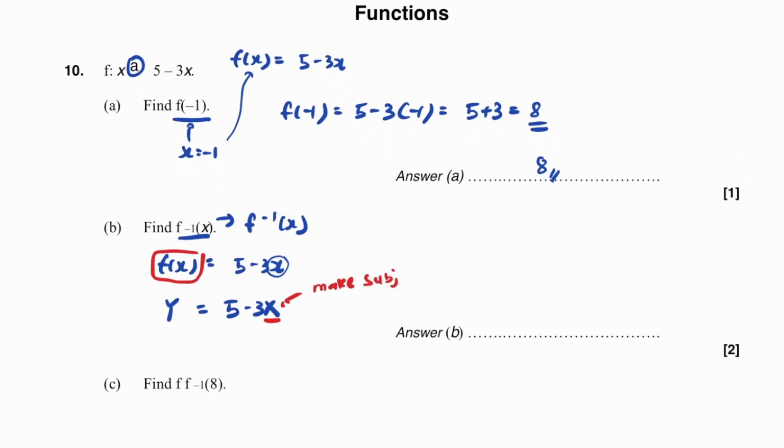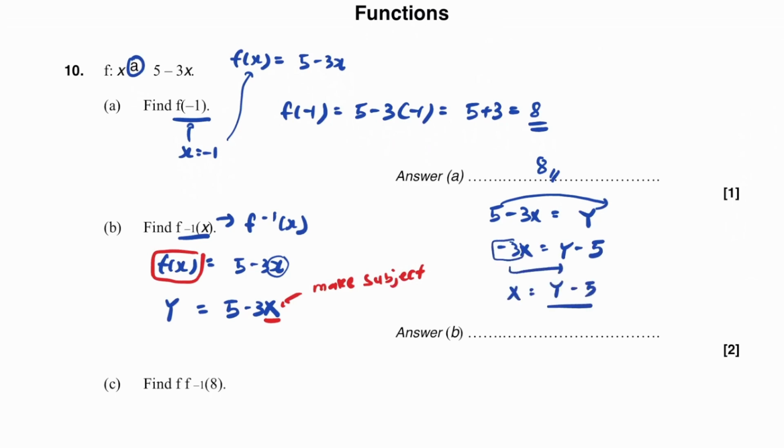So what you should do is, let me rewrite this, put this on the left and put this on the right. Basically it's the same thing. Move the 5 to the other side, it becomes y minus 5. The negative 3, move it to the other side, it becomes y minus 5 over negative 3.